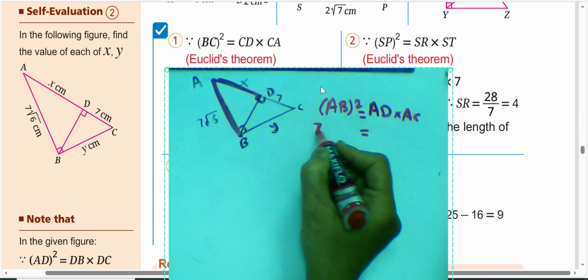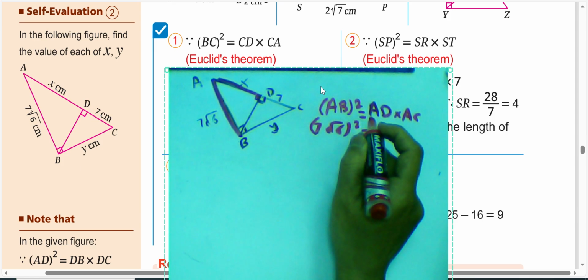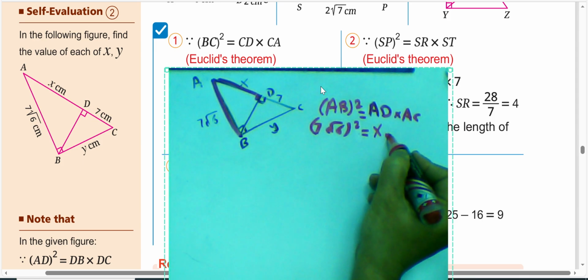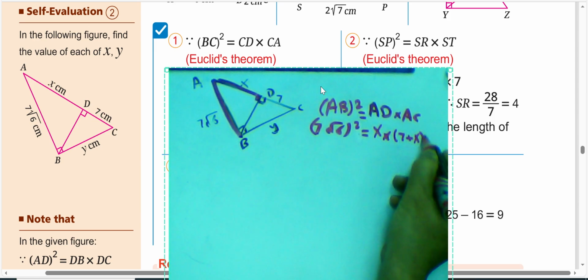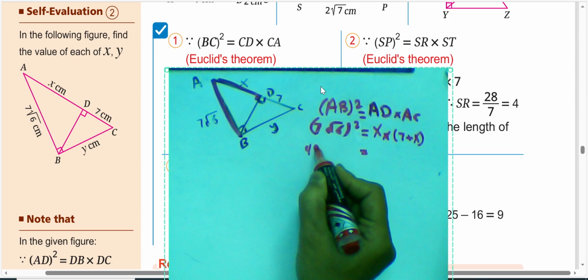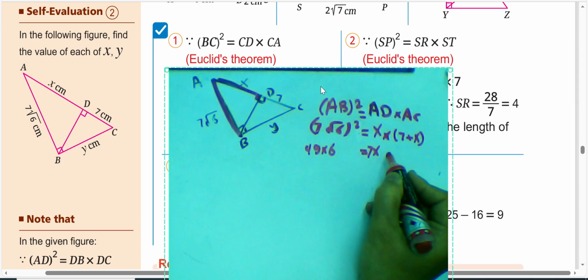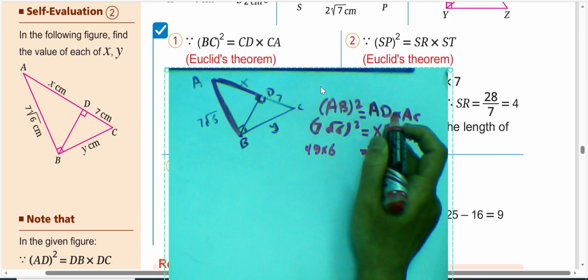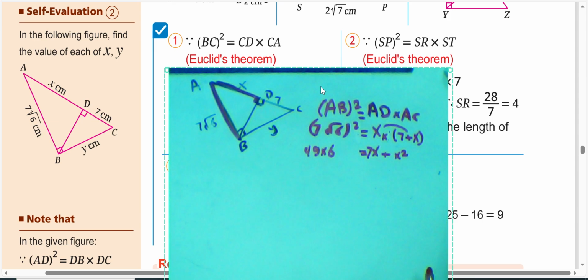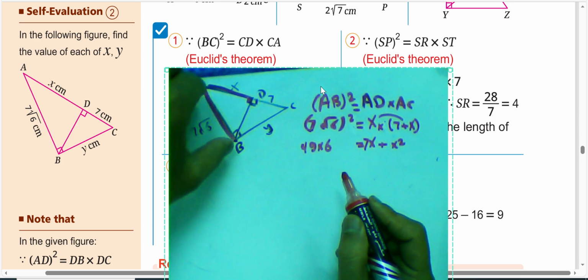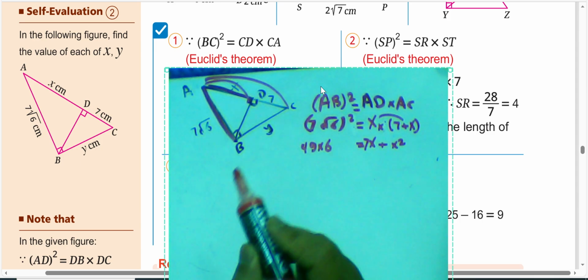Then AB power 2, 7 square root of 6 power 2, equals AD, which was X, multiplied by AC, which was 7 plus X. 7 power 2 will be 49 times 6, equals X times 7, which is 7X, plus X times X, which is X power 2. We use the distributive property here. Understood, my students? Again, AB power 2 equals X, the projection, multiplied by AC.